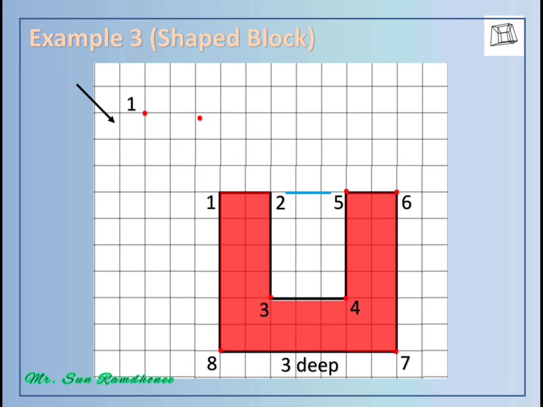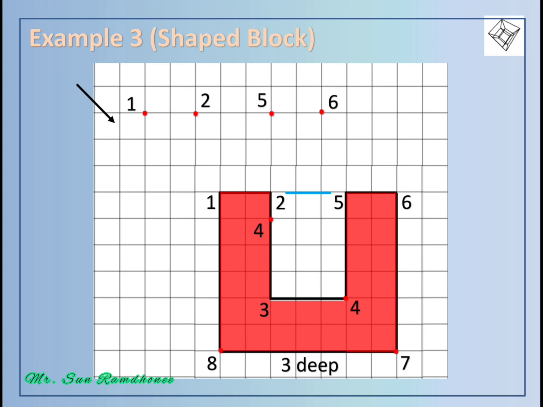So here the depth is 3. We are not going to move point 3 because the line will pass through the front face. We are not going to move point 7 because similar to point 3, the line will move through the front face.